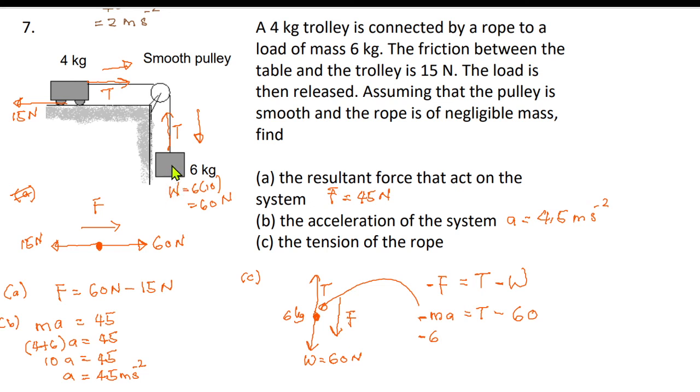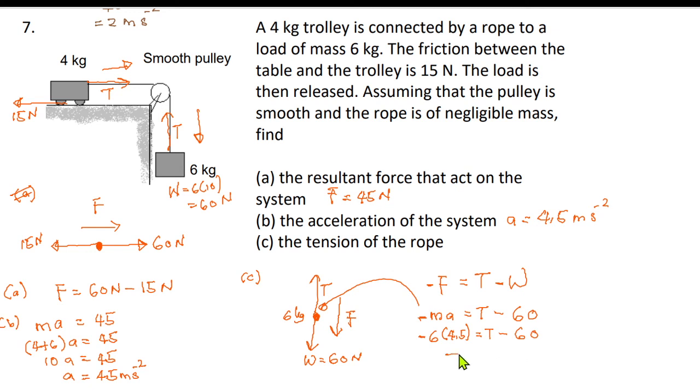So this load is moving down with an acceleration of 4.5. And this object here is moving to the right with exactly the same acceleration, 4.5 meter per second squared. So negative 6 times 4.5 equals T minus 60.